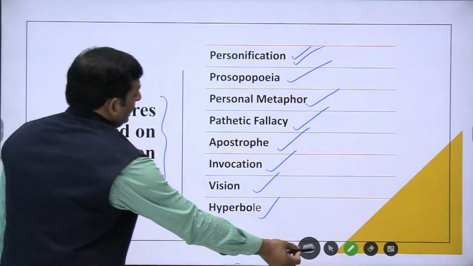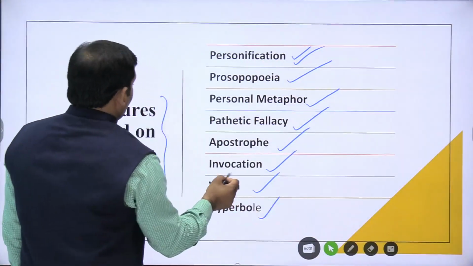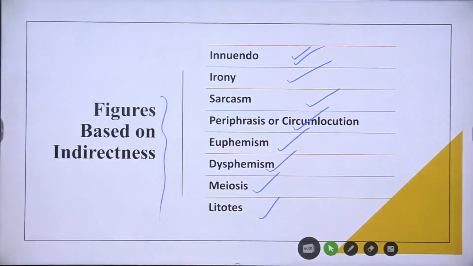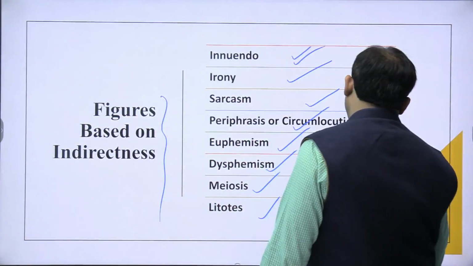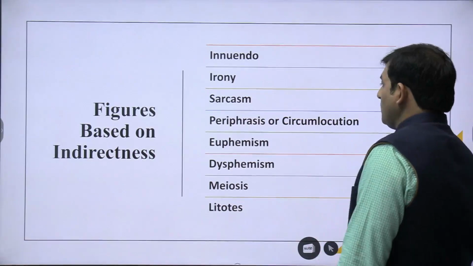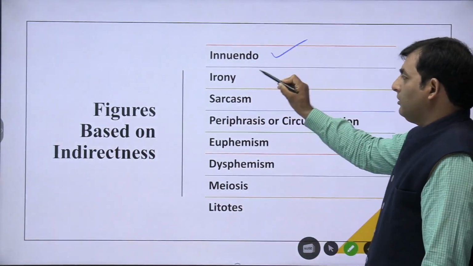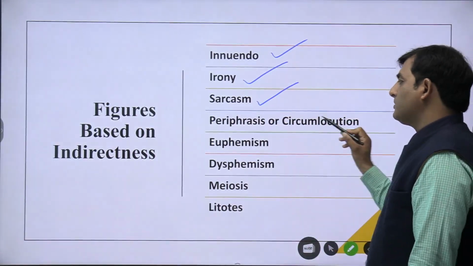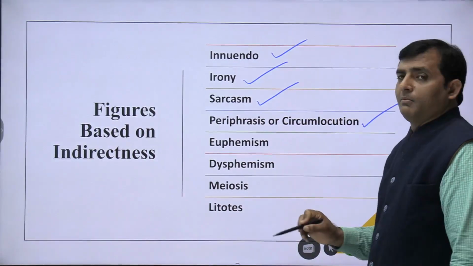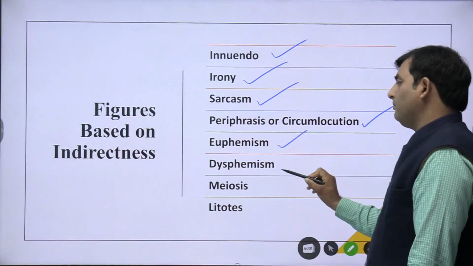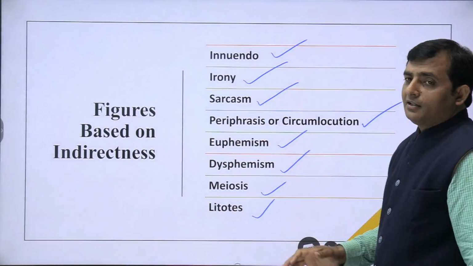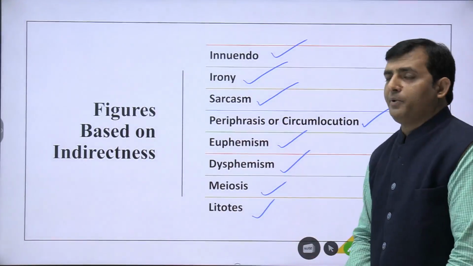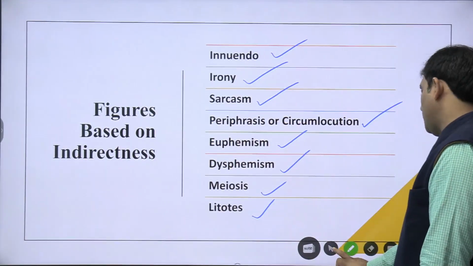And then you have figures of speech based on indirectness. Based on indirectness means to satirize: innuendo, irony, sarcasm, periphrasis or circumlocution, euphemism, dysphemism, meiosis, litotes. These are the figures of speech based on indirectness.